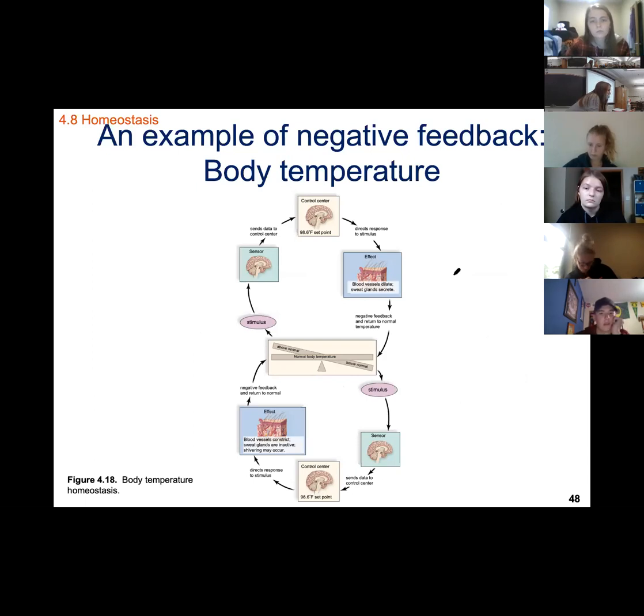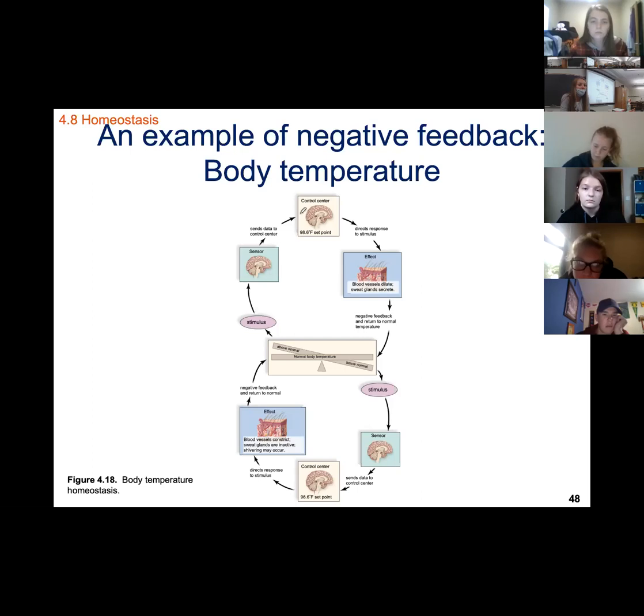There we go. Okay, so in the middle it says you have like little teeter-totters. Does anybody remember teeter-totters from the playground? So if you have above normal body temperature, it senses that. Your skin tells your brain, hey, we're a little hot over here.